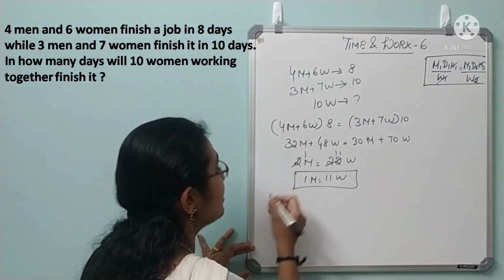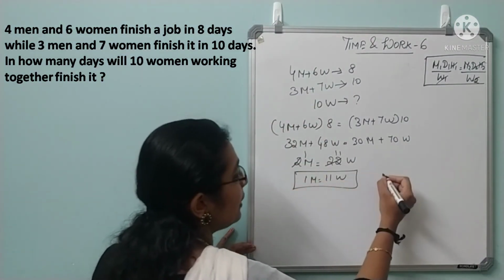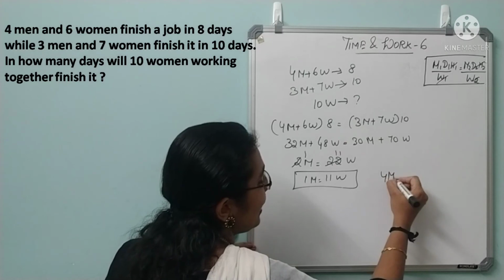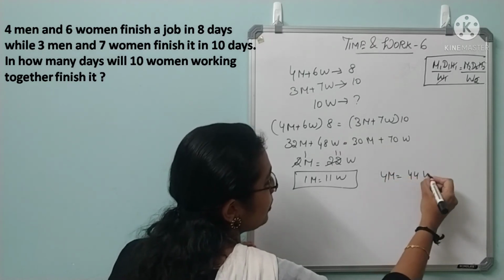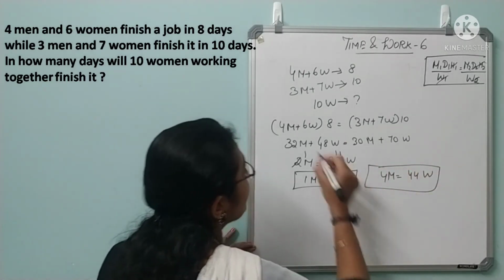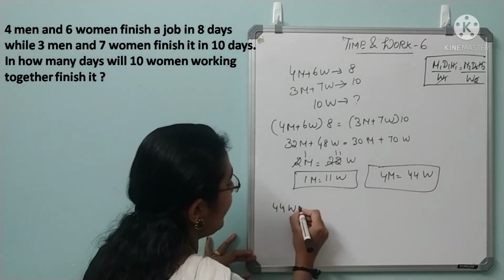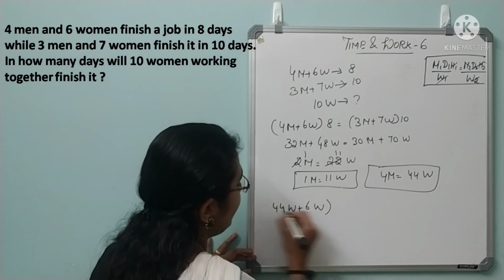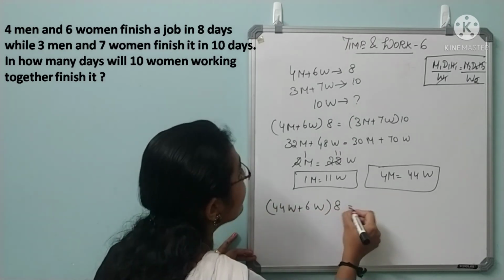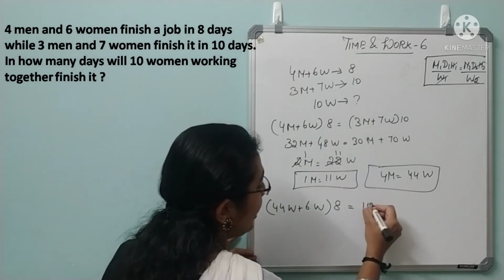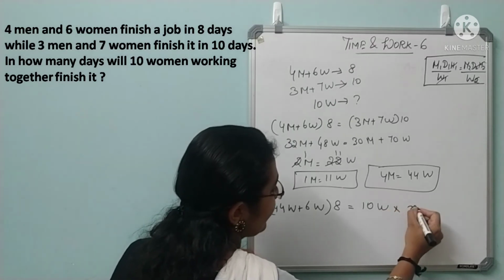I will choose the first one. So 1 man is equal to 11 women means 4 men is equal to 44 women, right? Yes. Now substitute here. So (44 women plus 6 women) into 8 is equal to 10 women into x.